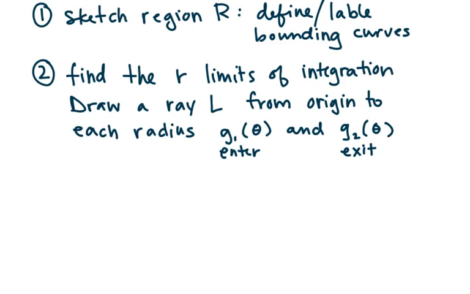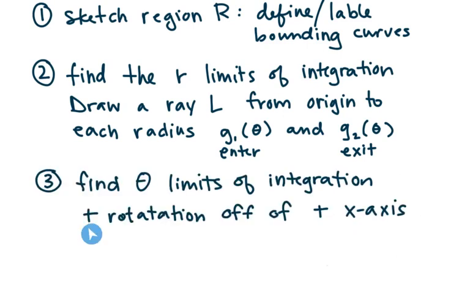I'm going to draw a picture here in a second, but we'll draw some ray, and it's going to enter our region, and then it will exit our region. So that's going to give me my upper and lower bounds. Where you enter is your lower bound, where you exit will be your upper bound.